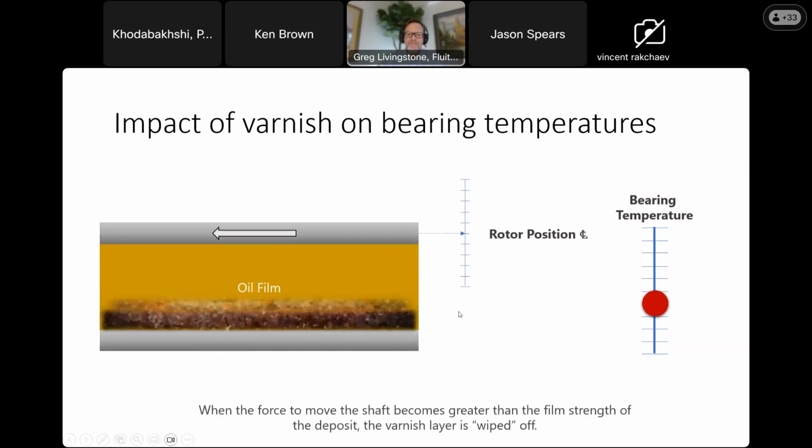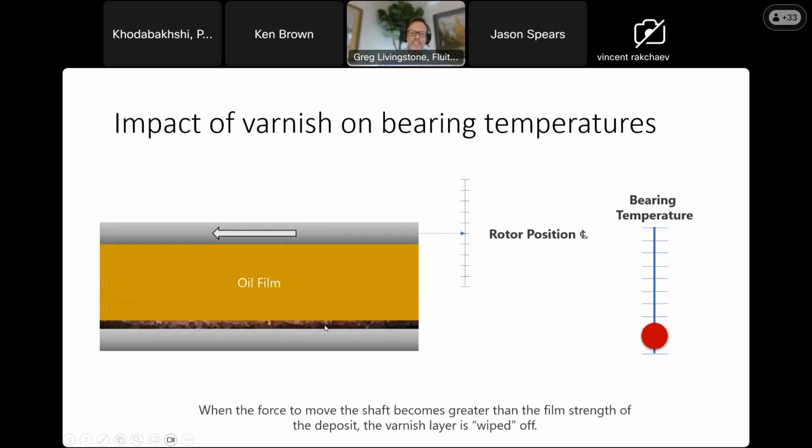At some point, you're not going to be able to create unlimited levels of varnish. The film strength of the deposit will not overcome the force required to move the shaft, and that typically results in a wipe of the deposit. The temperature drops again, the rotor position comes down again, and often this is the point where we start to see some potential wear happening in the bearing as well.